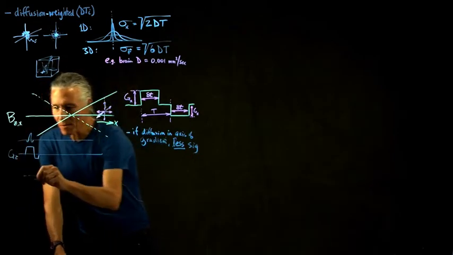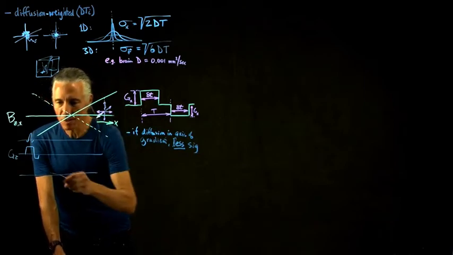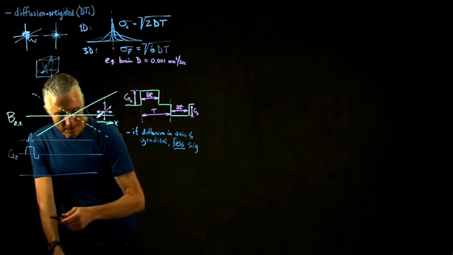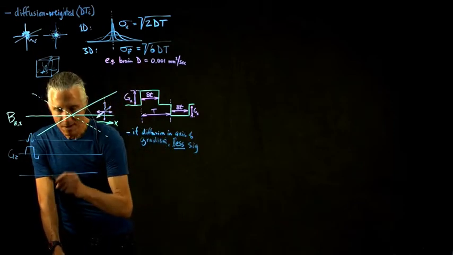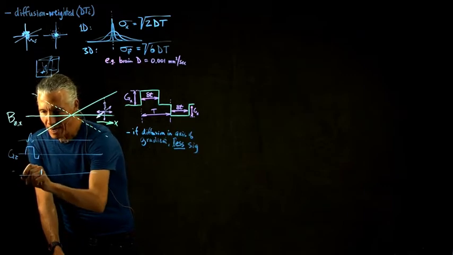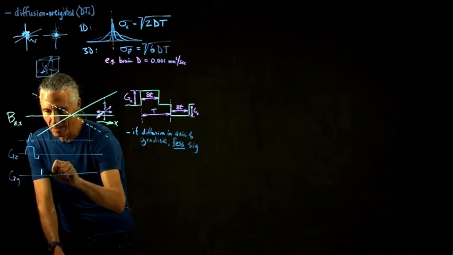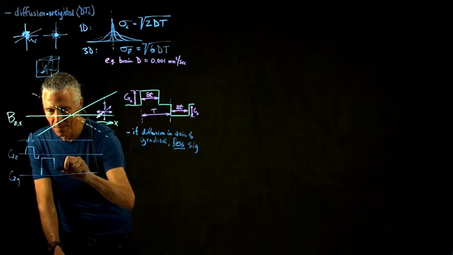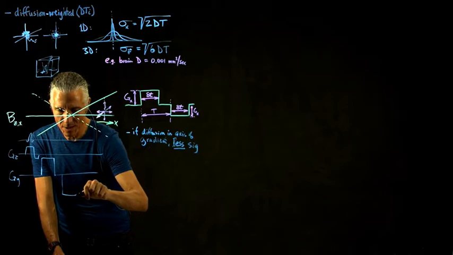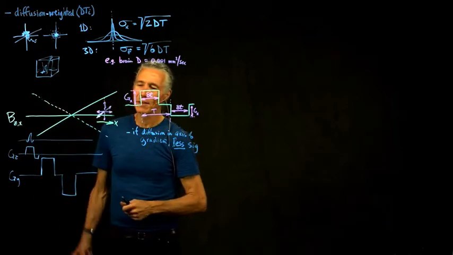Then we do these diffusion gradients, and we could do them on different axes, but let's say we do it on the y-axis. So we put a big gradient on, and then we wait a while, and then we put the exact same thing on.